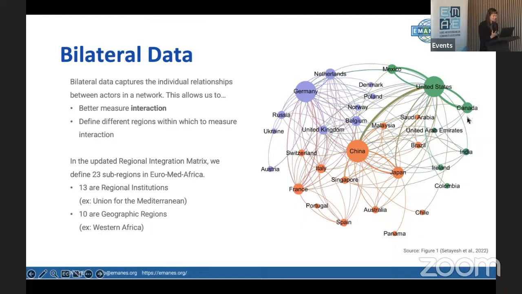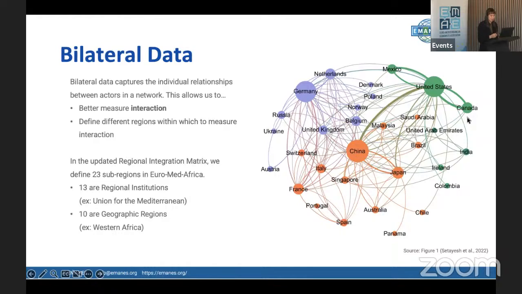Sorry, I'm explaining that so poorly. In the original study, the only region that we actually looked at was the Union for the Mediterranean, whereas in this case, I expanded and looked at 23 different sub-regions within the Euromed Africa area. Three of these were regional institutions.